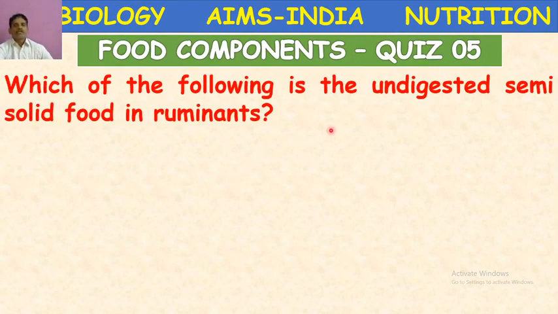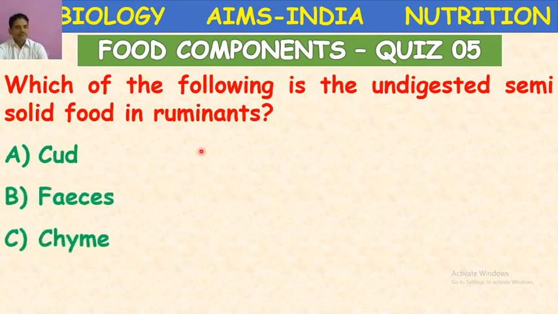Next, which of the following is the undigested semi-solid food in ruminants? Cud, feces, chyme, bolus.